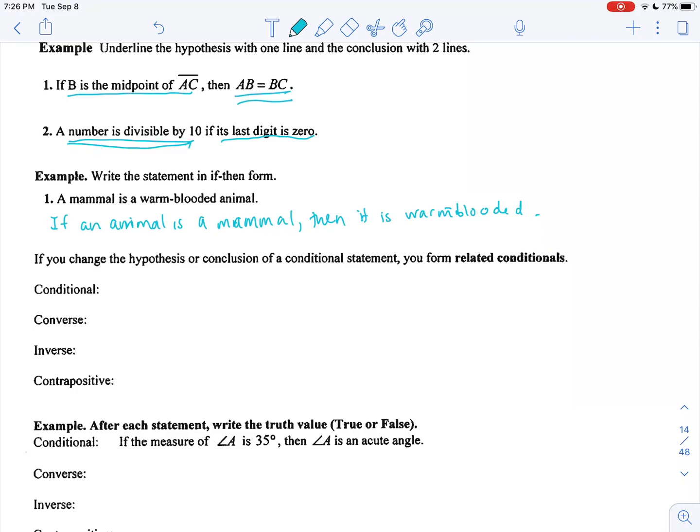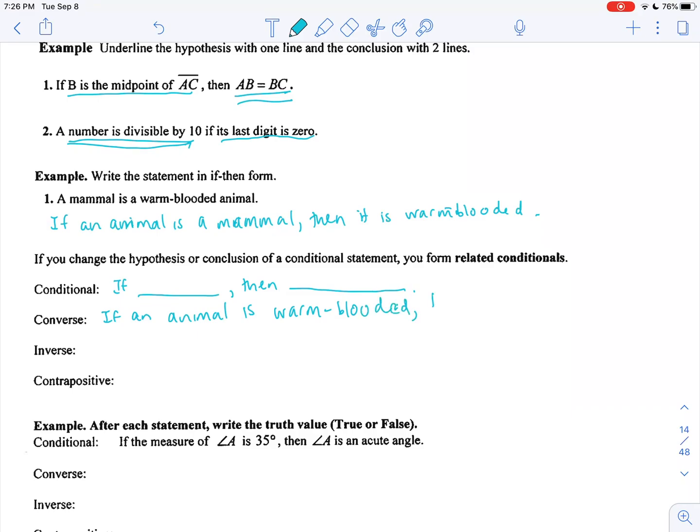A conditional is, remember, an if-then statement: if blank, then blank. When I'm writing the converse of it, I'm switching the if and the then part. Using the above as an example, rather than if an animal is a mammal, I'm going to start with if an animal is warm-blooded, so I'm switching the P and the Q part.